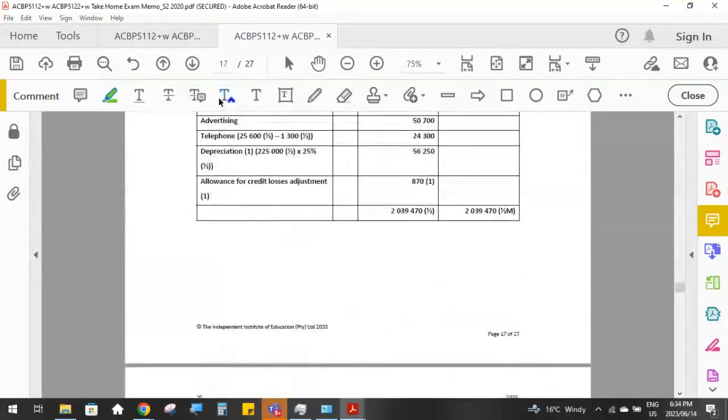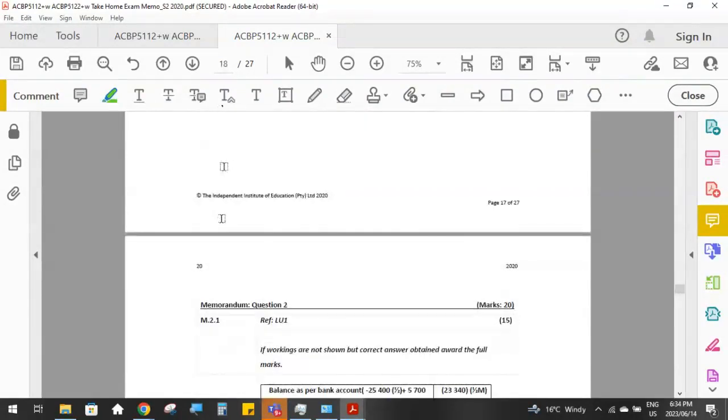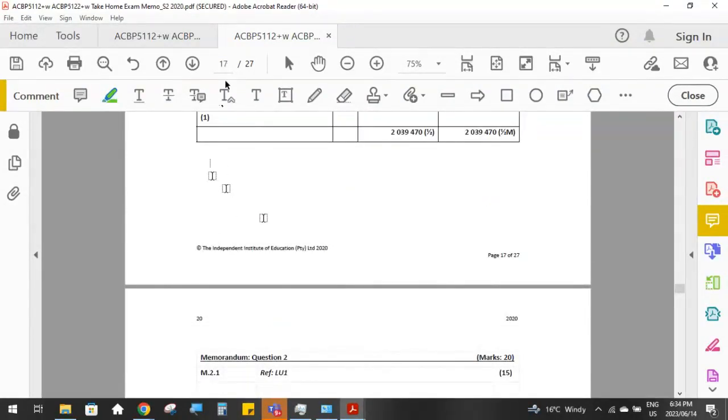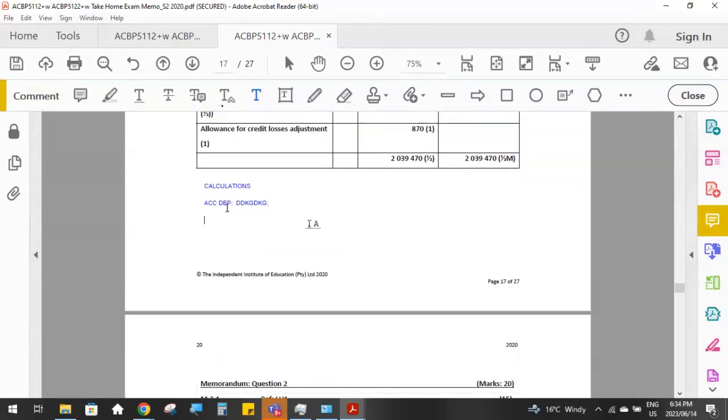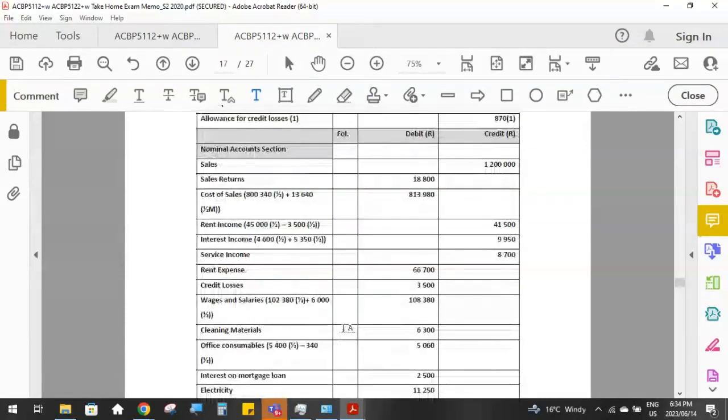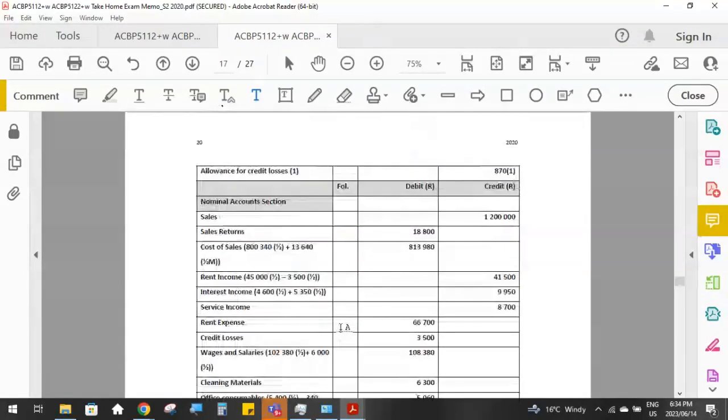Or you can write out your format for your post-adjustment, and then underneath you can do a heading, calculations, and then accumulated depreciation and whatever that was, and then underneath that whatever the next one, and so on, and show your calculations like that. A lot of the students have done them like that in their assignments. It's entirely up to you. Remember, it's got to be legible, it must be neat.